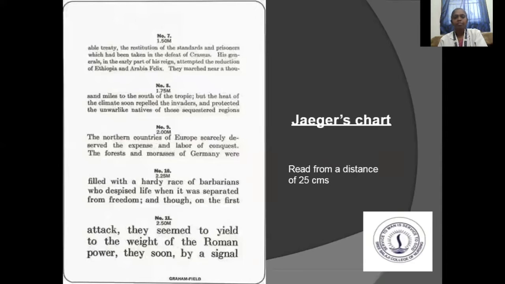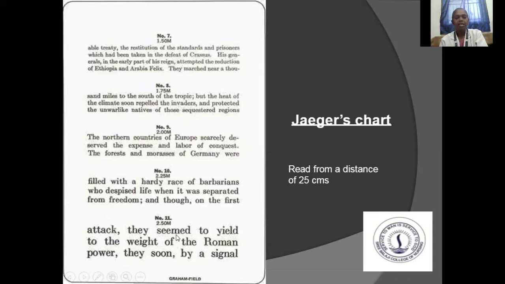Another important chart we can use to check visual acuity is the Jaeger chart. We ask the patient to read this page at a distance of 25 centimeters. Give this paper to the patient to read from top to bottom. The bottom letters are so big. If they are able to read from line number 7, they have normal vision.